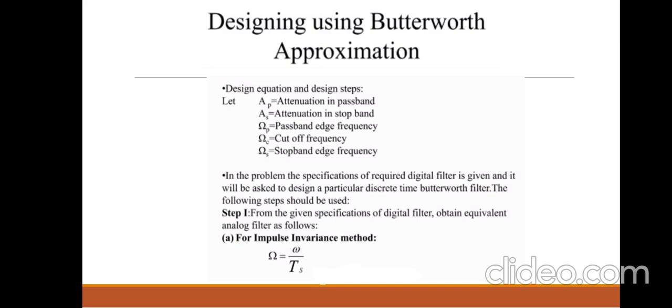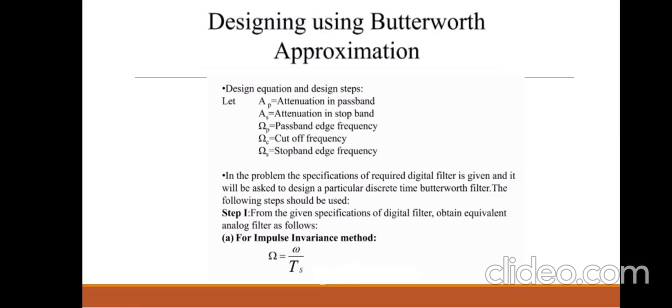We also know that we have already discussed the various transformation techniques that can be used to transform an analog filter into a digital filter. First we discussed the impulse invariant technique, then later the bilinear transformation, and both techniques can be used for transformation of an analog filter to a digital filter.